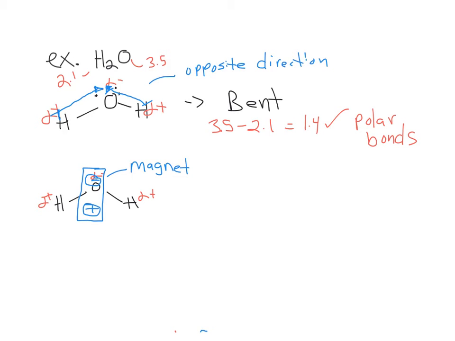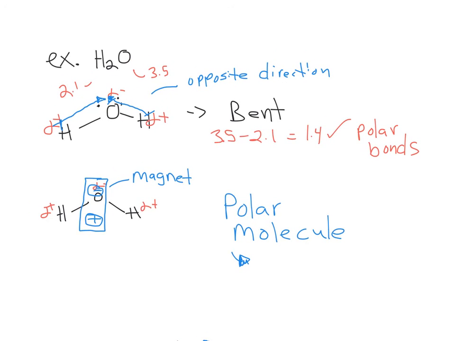So because we have the arrows going in opposite directions up here, or you can do the magnet method down here, we know we have a polar molecule. Because it's asymmetrical, or there's direction of charge, or a magnet.